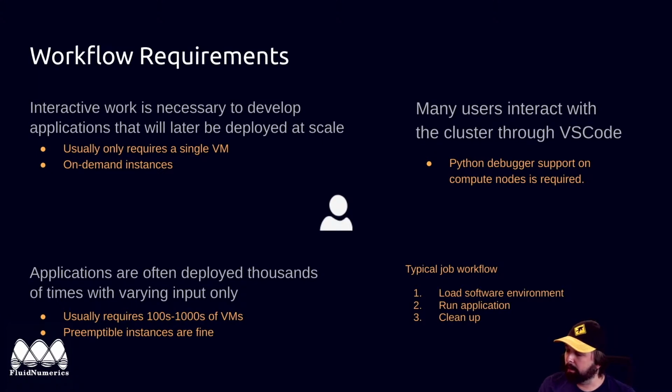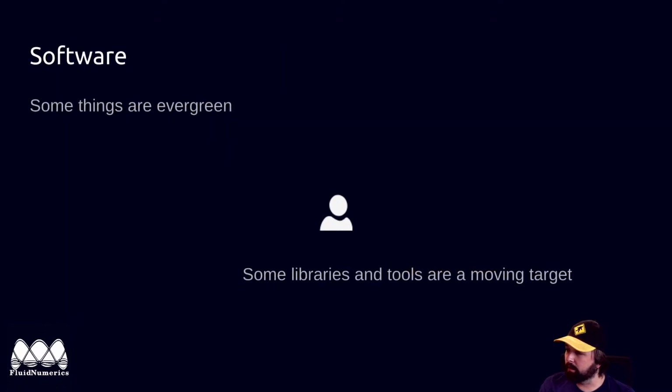When we think about how you want to create a software environment for these kinds of people on Google Cloud, there are two categories of software that we think of. Things that are evergreen, so they're not generally changing very often, and people are generally not too picky about the versions that you're going to be making available.